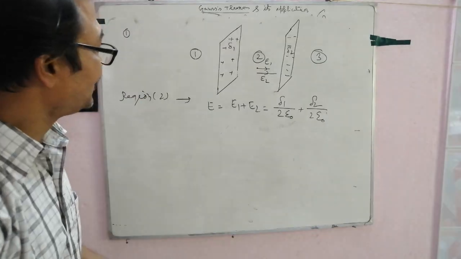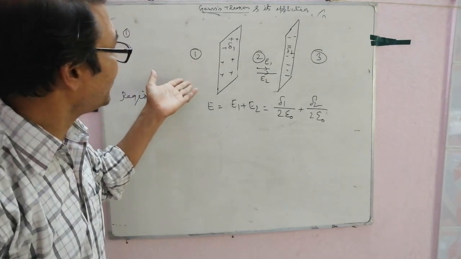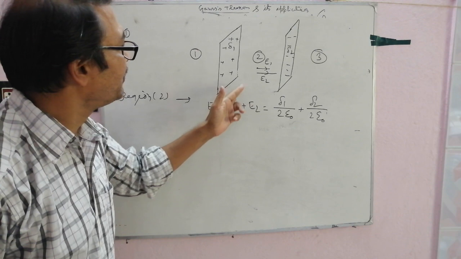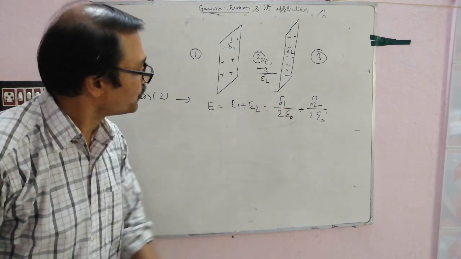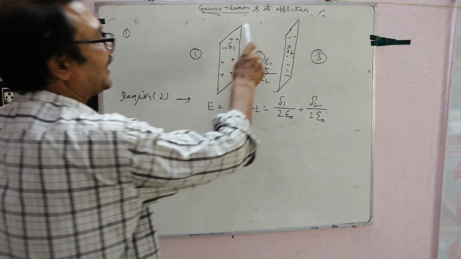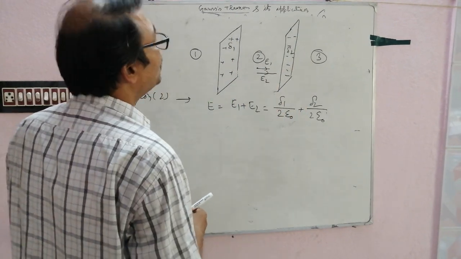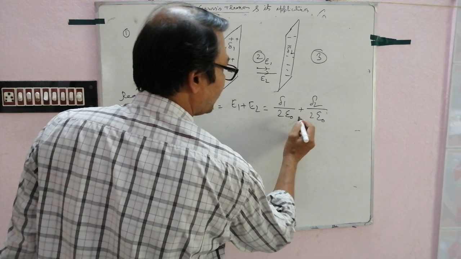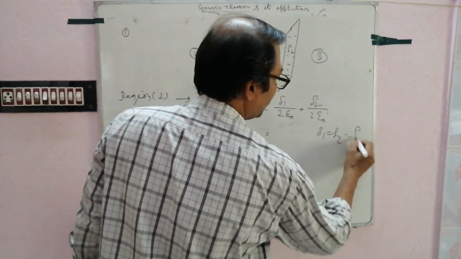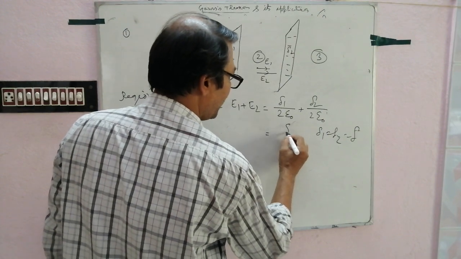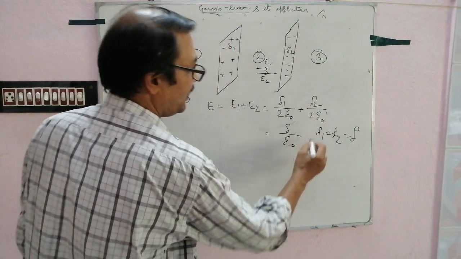Because in the previous case we discussed that for a thin sheet the field E equals the surface density of charge by 2 epsilon naught. If sigma 1 equals sigma 2 equals sigma, then it will be sigma by epsilon naught. Clear?